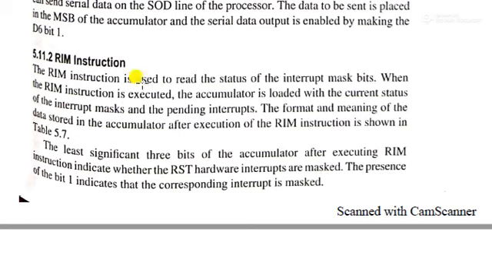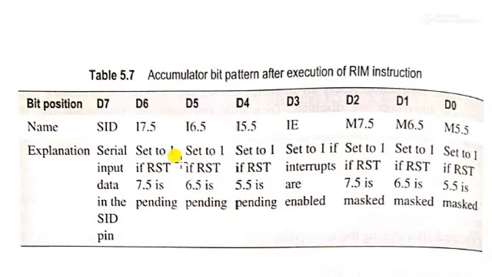As I previously told, RIM stands for read interrupt masks. That means we can read the status of the interrupts using the RIM instruction. It is also an 8-bit register, an 8-bit frame format, D0 to D7.